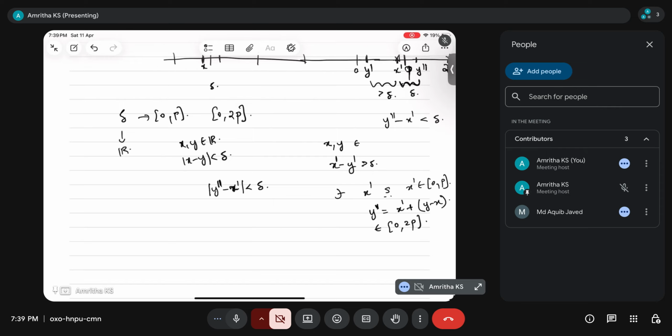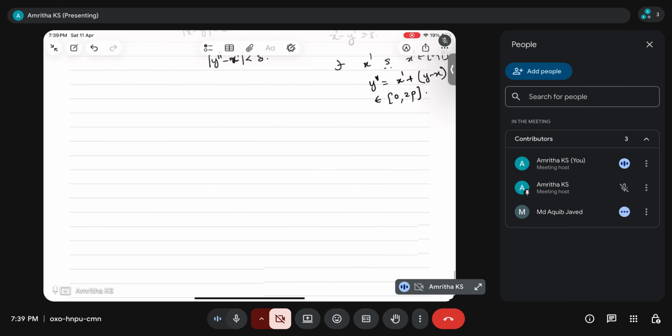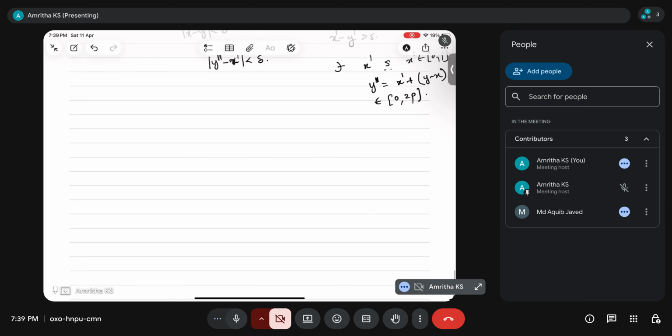No, I am telling y double dash. You are defining y double dash to be this, right? Then y double dash minus x dash is exactly mod of x minus y. This is less than delta.